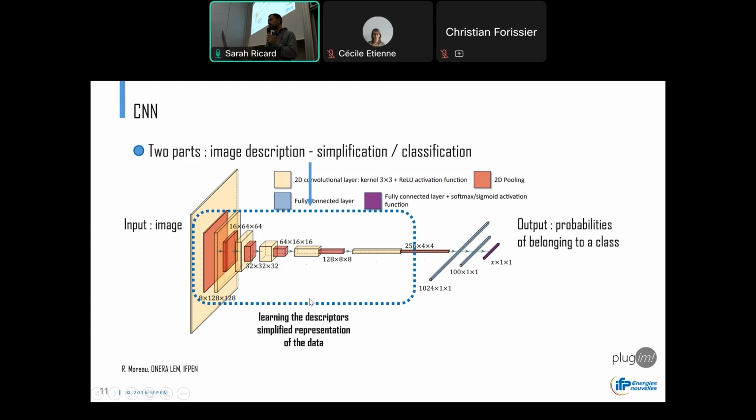The idea is to take some description of the data and simplify the representation of the data. Then you have a second part that can make, from this description, a classification, a division into several classes. To be very specific, in the input we will use an image, and in the output we will have a probability of belonging to a class. So you can see it as a vector at the output. We transform an image into a vector with this kind of operation.